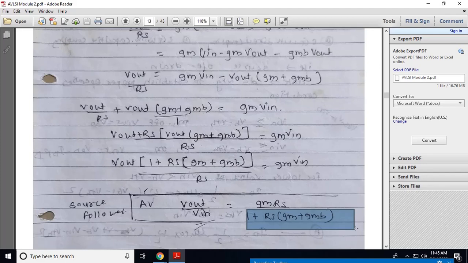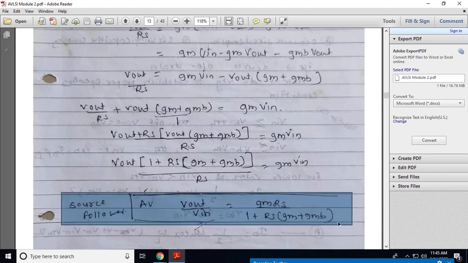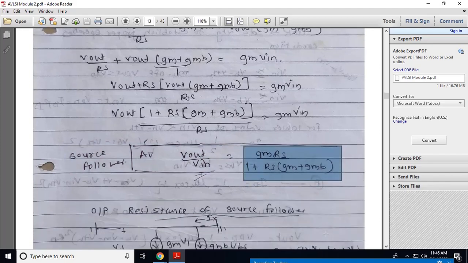So if you see this equation, a source follower equation, that is GM into RS divided by 1 plus RS into GM plus GMB.